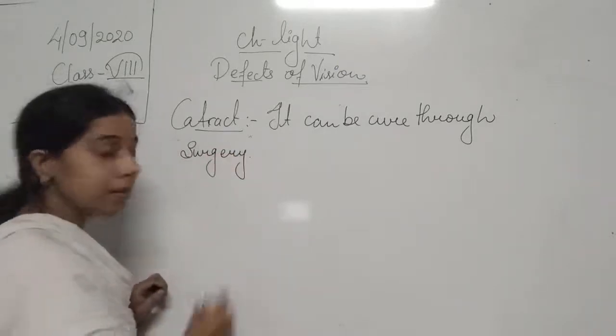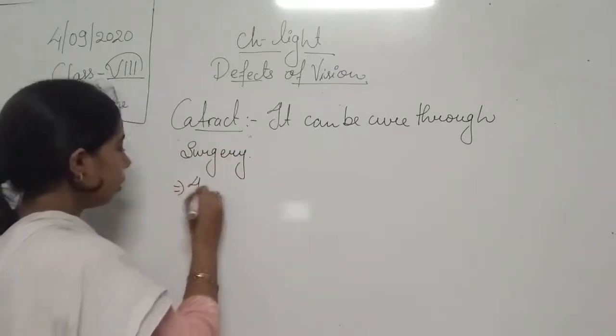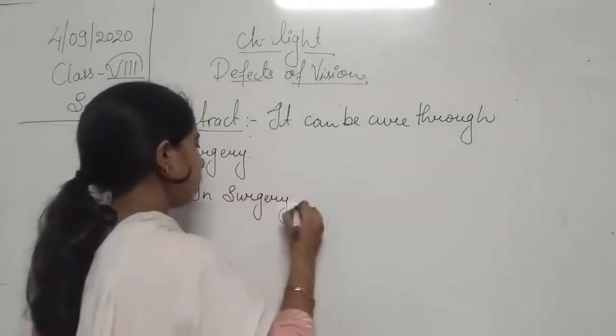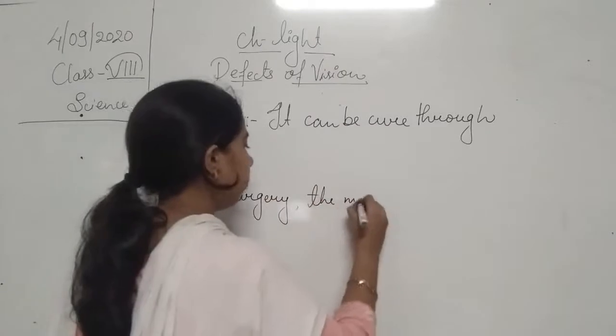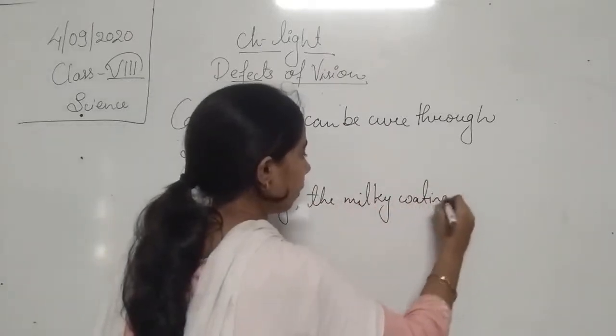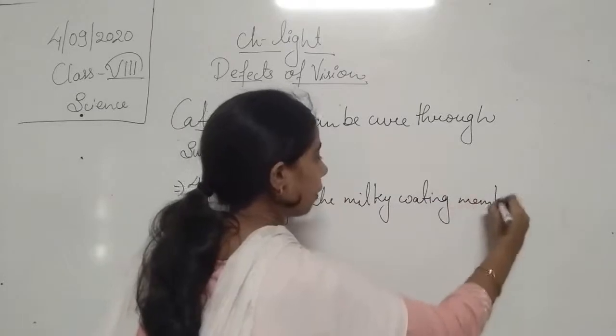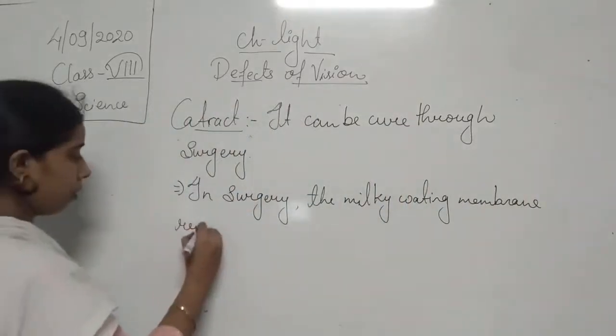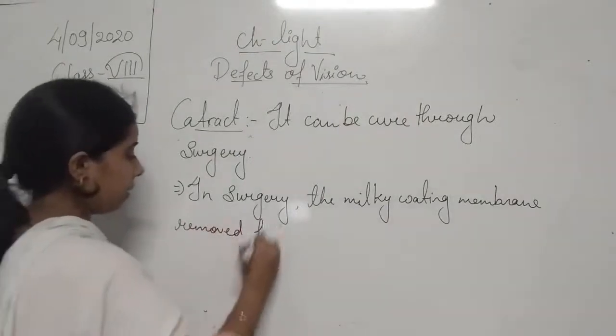What happens in the surgery? In surgery, the milky coating membrane is removed from the retina.